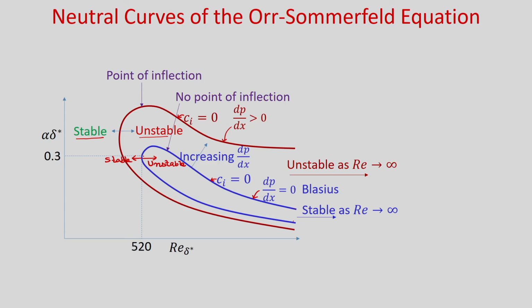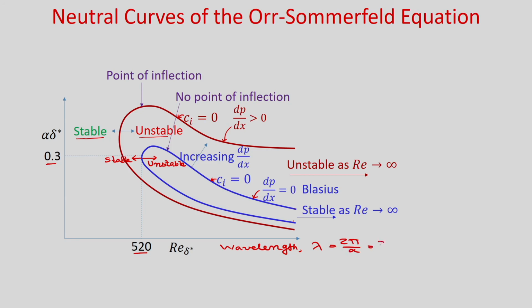So, you can see that the critical Reynolds number will be 520 for this Blasius flow, and the corresponding alpha delta star will be 0.3. If you calculate the wavelength of this unstable mode, the wavelength will be lambda equal to 2 pi by alpha.